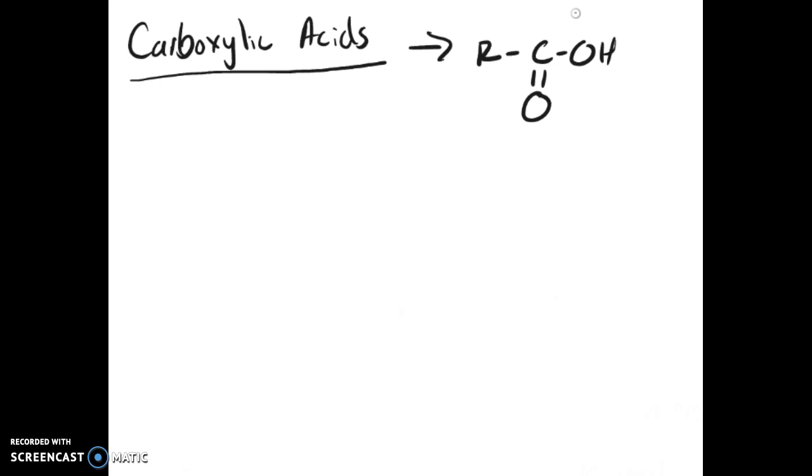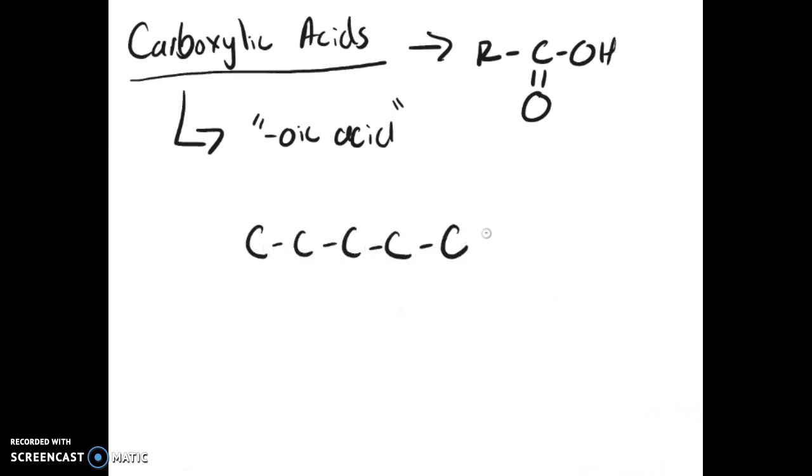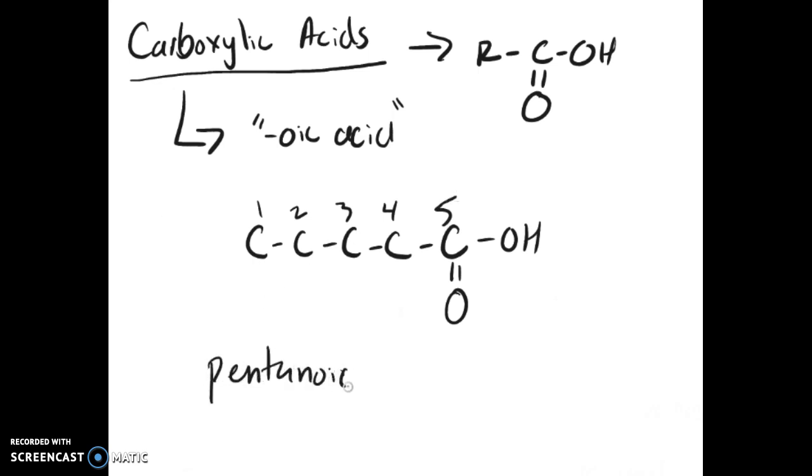These are used as buffers, or weak acids, or possibly even food additives. The only difference is when you're naming it, if you see this, it'll have an "oic acid" ending. For example, 1, 2, 3, 4, 5, and then you have this here, pretend all the hydrogens are filled in. This would be pentanoic acid.